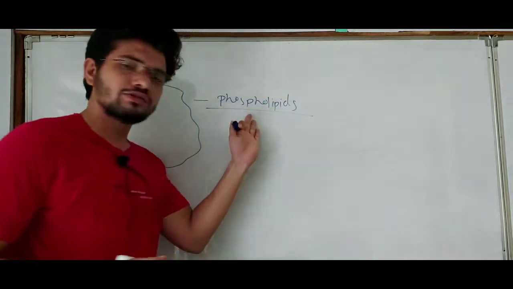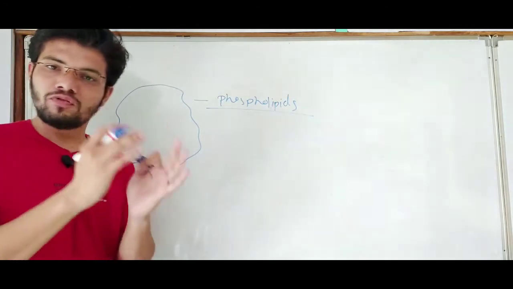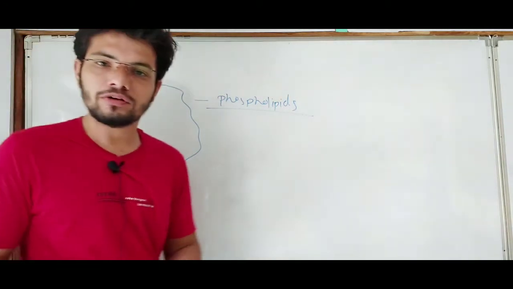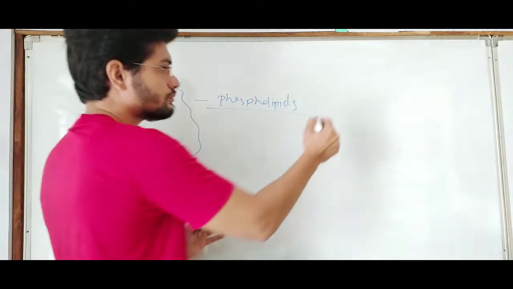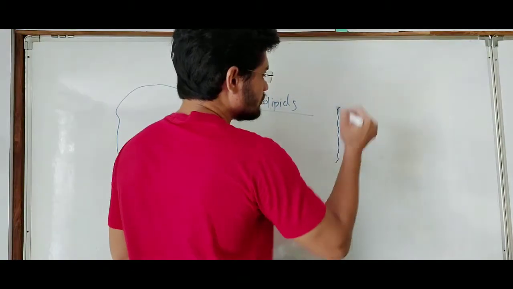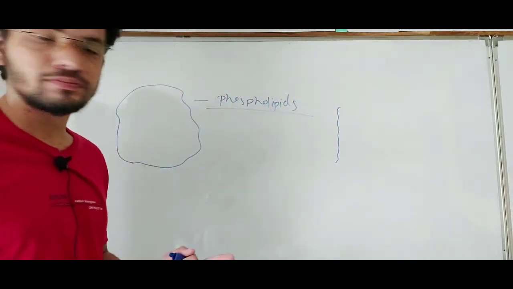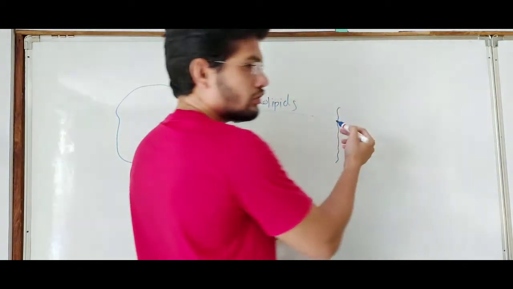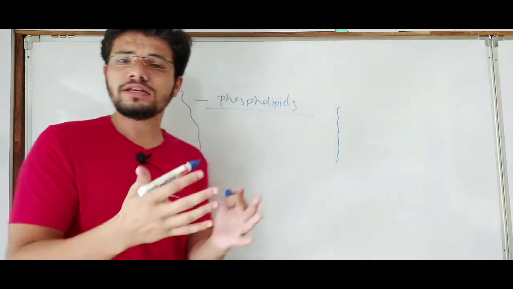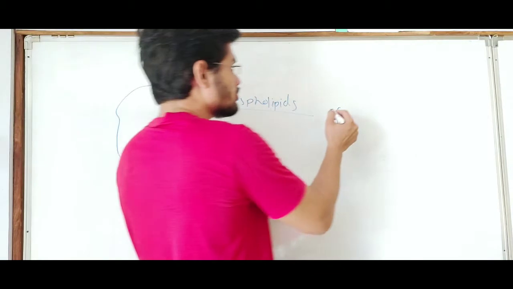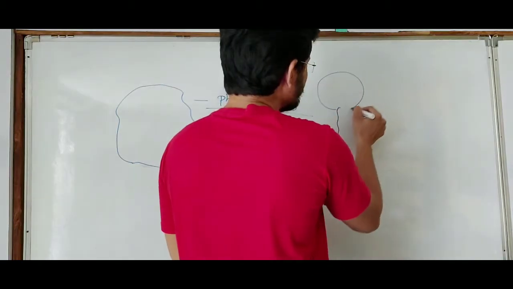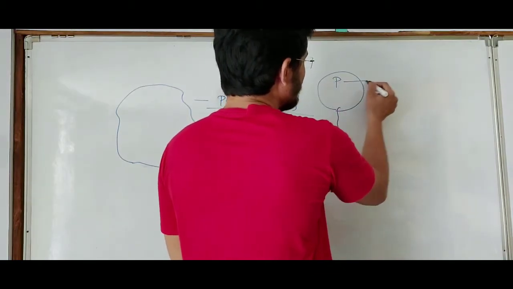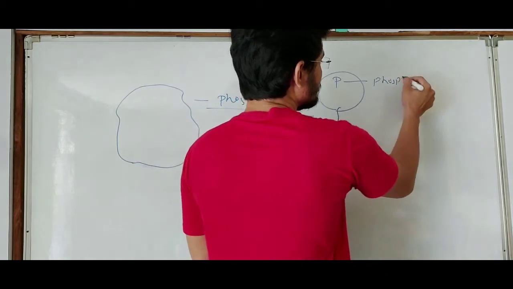So what are phospholipids? A phosphate group is attached to a lipid molecule. We all know a lipid is made up of a long fatty acid chain and one alcohol group, mostly glycerol. One phosphate molecule will be attached to it.